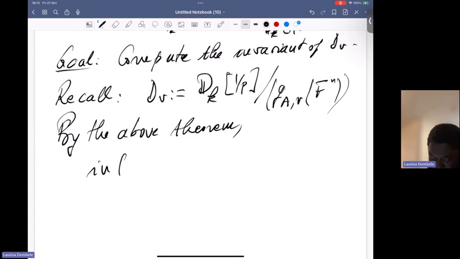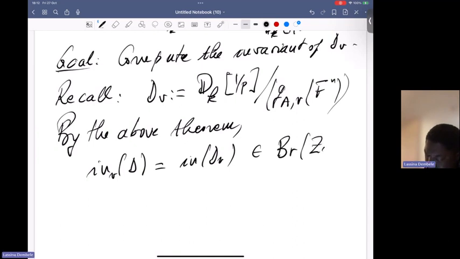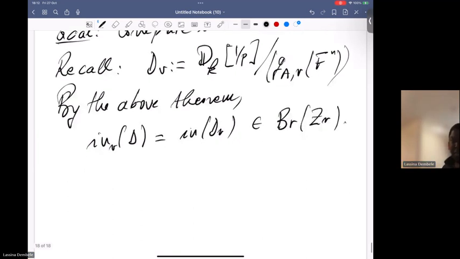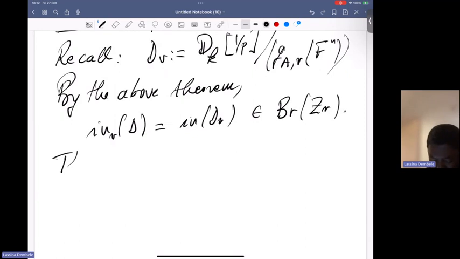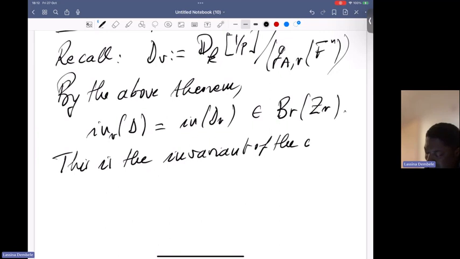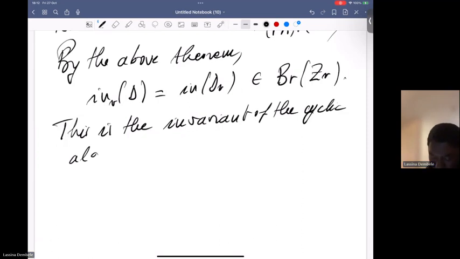So we want the invariant at v of D, and this would be the invariant of D_v, and we want this in the Brauer group of this field. And this is the same as what we saw. This is the invariant of the following cyclic algebra, because those are the calculations that we did for the cyclic algebra.